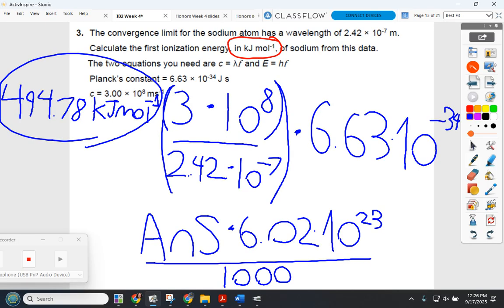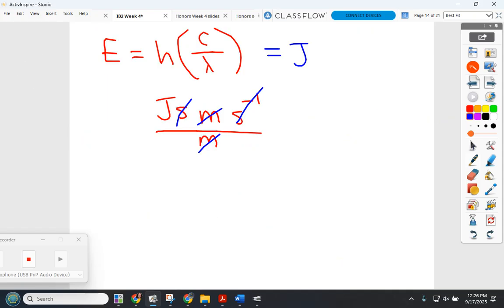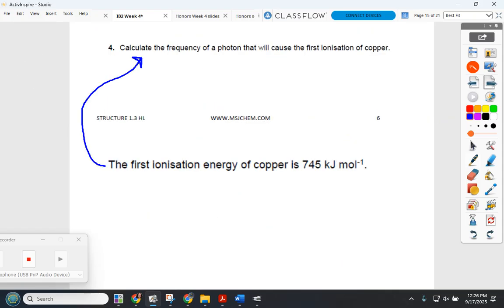Any questions on this? Okay. I want to point out, you can do number 4 on your own, but it's missing some very key information, which is the ionization energy for copper. So please, on number 4, write that in. It's 745 kilojoules per mole.